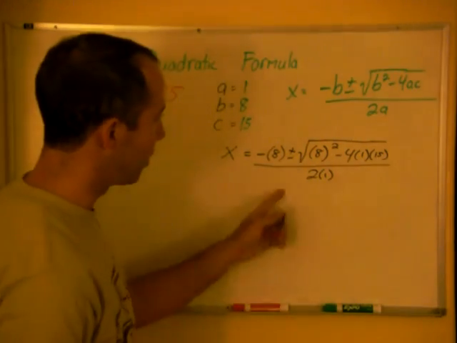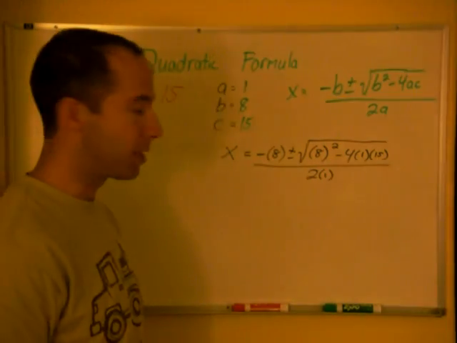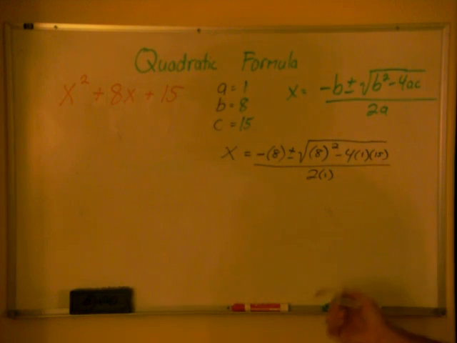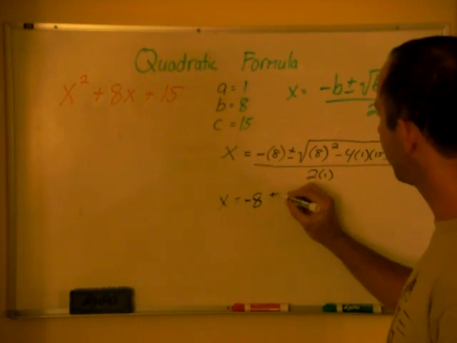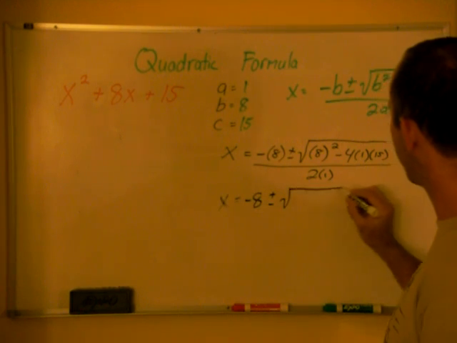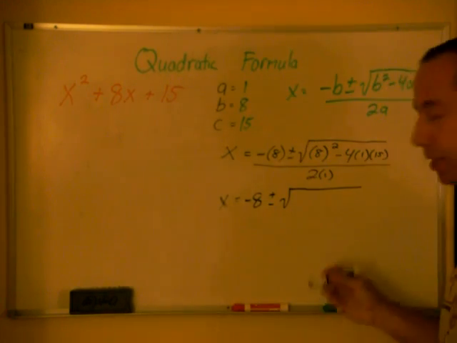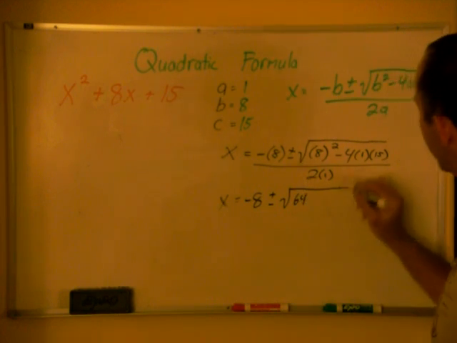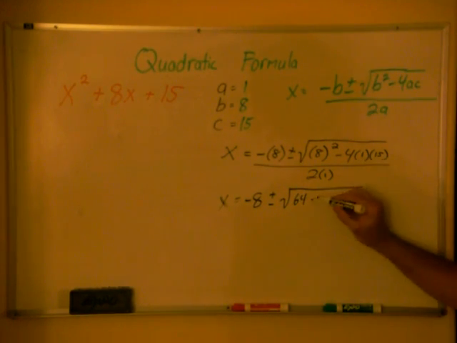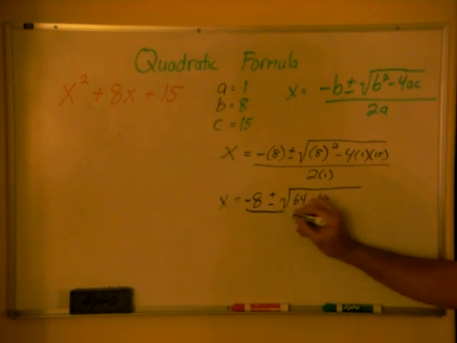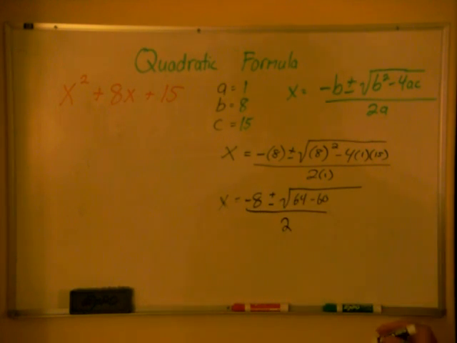Alright, so that's what it looks like, and the rest is simply arithmetic. Okay, so let's simplify this a bit. We got negative 8 plus or minus the square root of 8 squared, 8 times 8 is 64, minus 4 times 1 times 15 is 60, minus 60, all over 2.